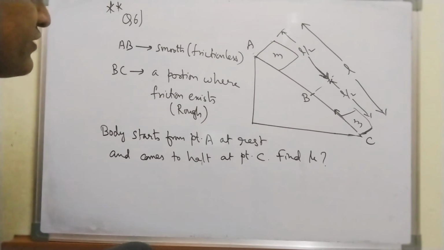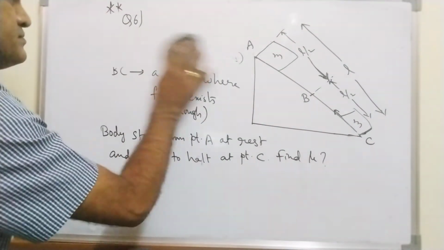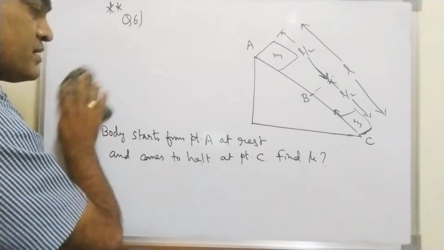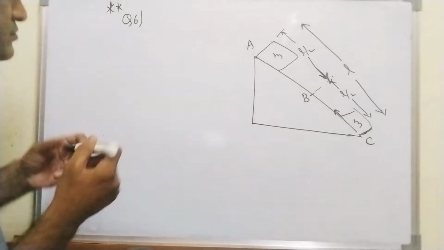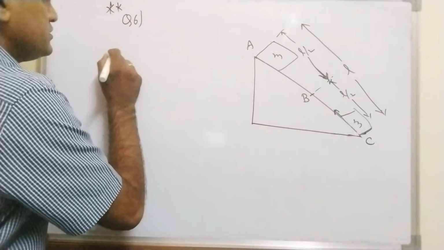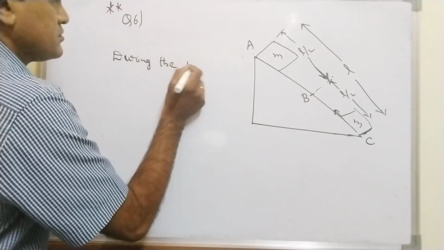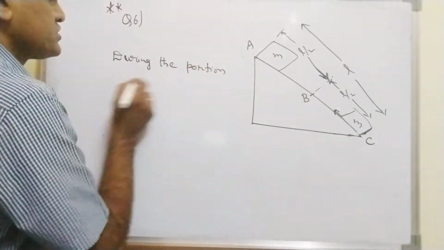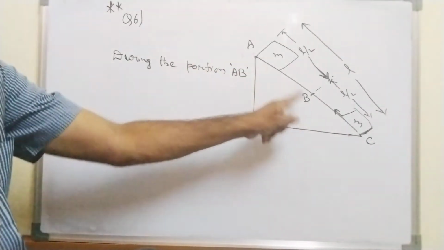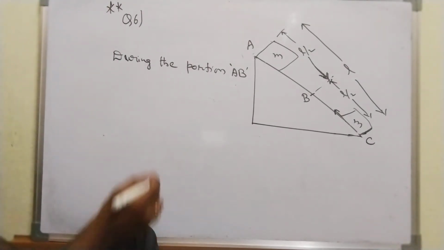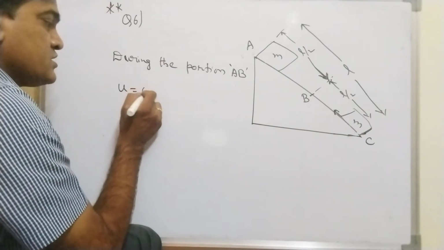So during the first part AB, as there is no friction at all, the initial velocity, that is the velocity of the block at A, is equal to 0.